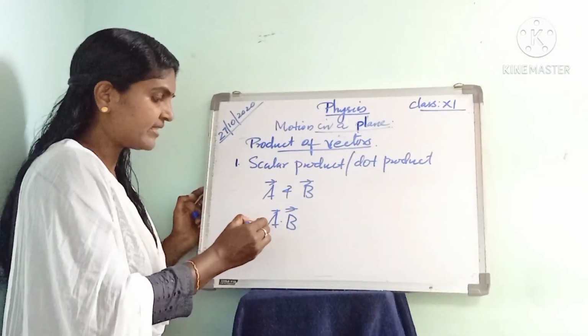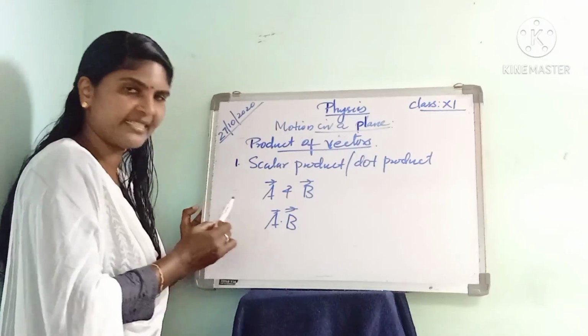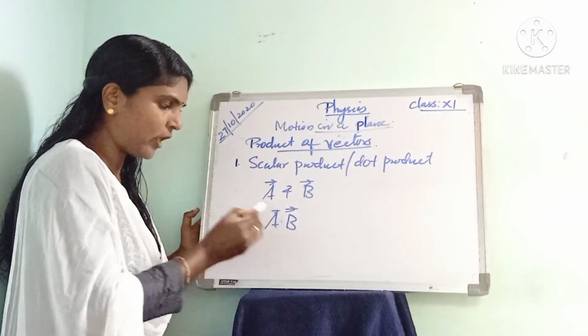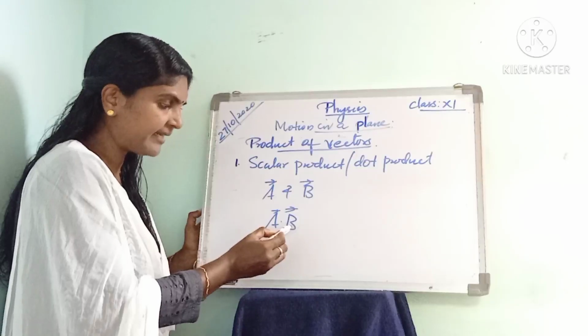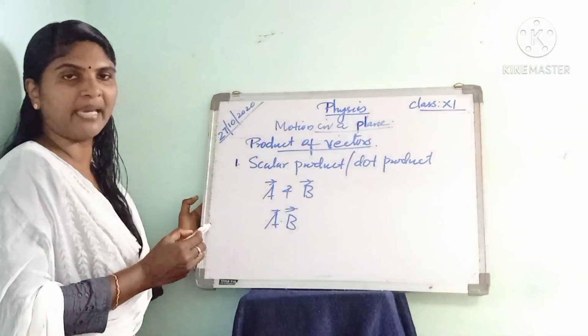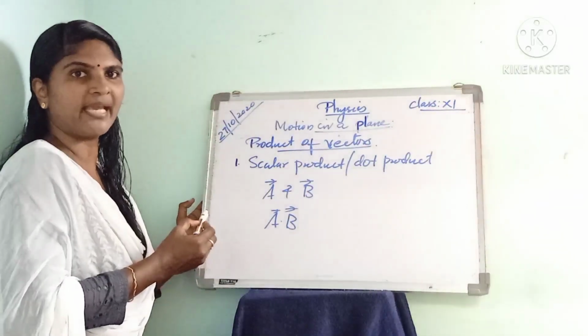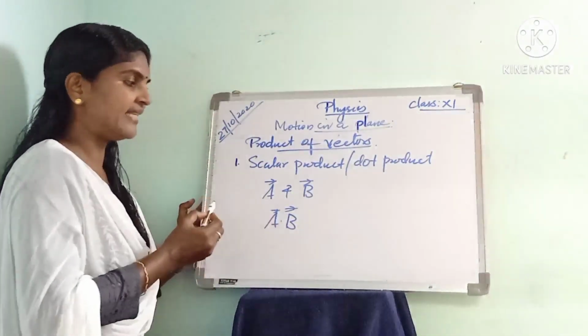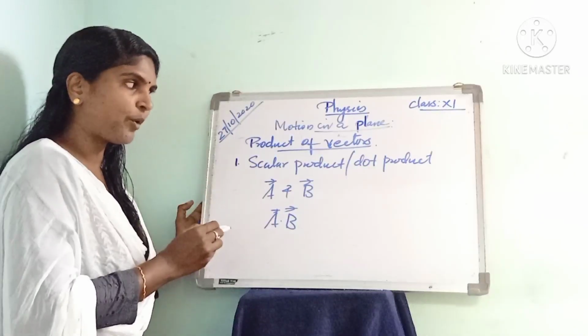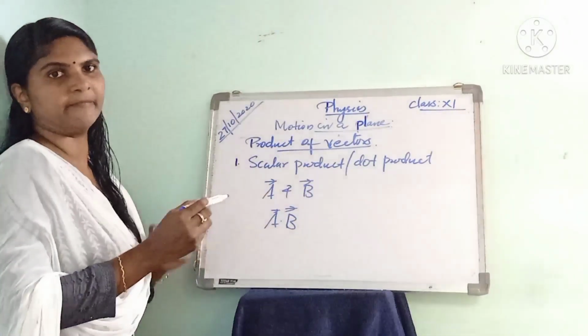First we write the first vector A, then put a dot, then write the second vector B. A dot B represents the scalar product or dot product.